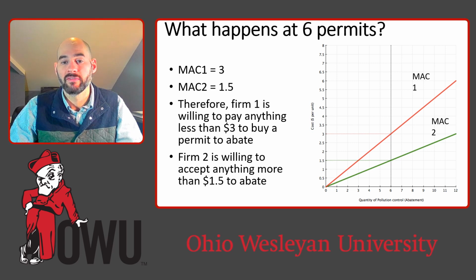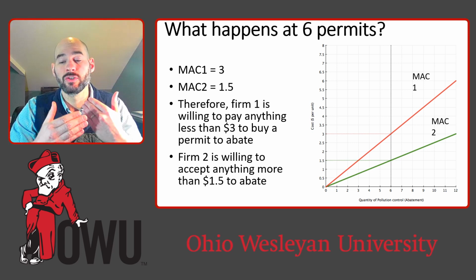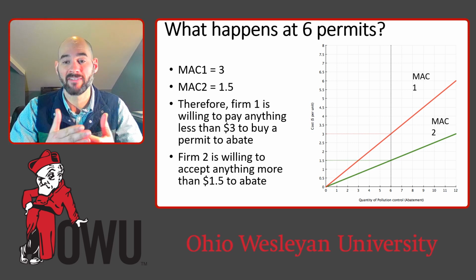So when both firms have 6 permits, which are assigned to them by the government, the marginal cost of abatement for that very next unit of abatement for firm 1 would be 3. And the marginal cost of abatement for that very next unit of abatement, which firm 2 would need to produce, would be 1.5. And so remember, if you don't have a permit, you have to abate.